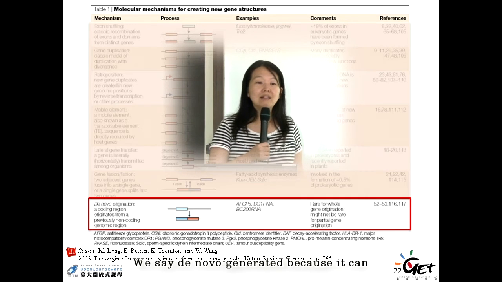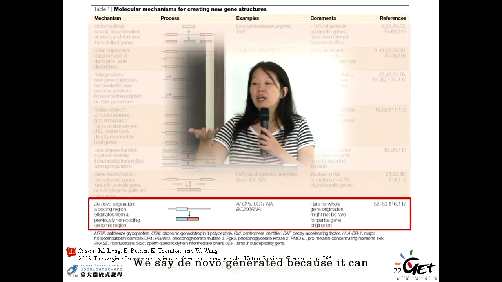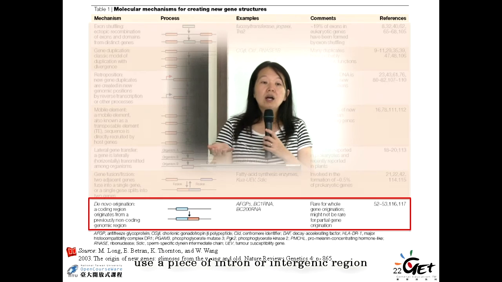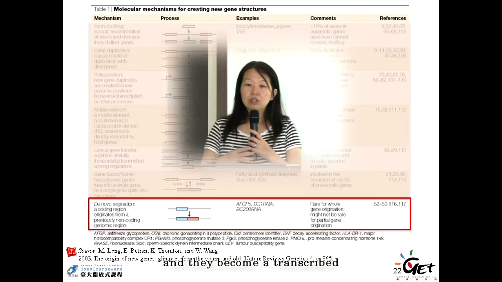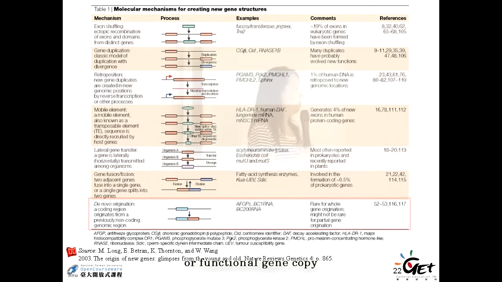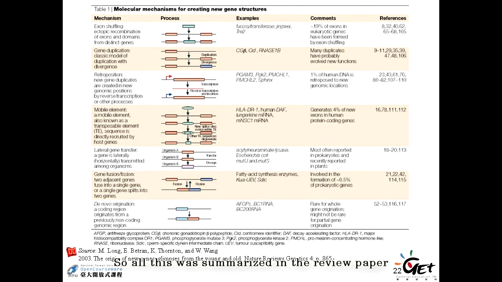When we say de novo generated, it can use a piece of intron or intergenic region and it becomes a transcribed, functional gene copy. So all this was summarized in the review paper, which talks about possible ways to generate new gene function.